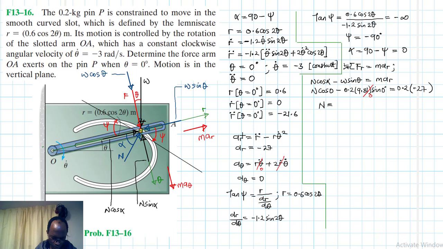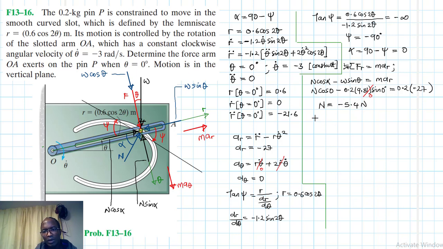Sorry, 27 is a r, so that is 5.4. So it's minus 5.4. This minus just means our assumed direction was supposed to be in the other direction.